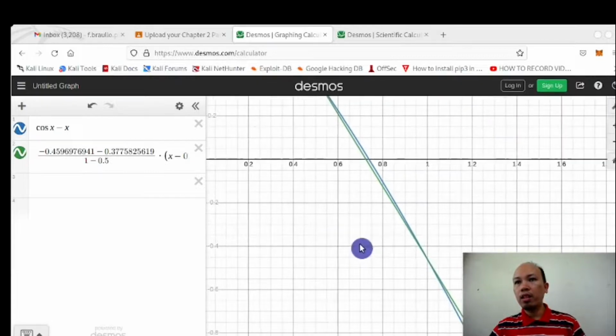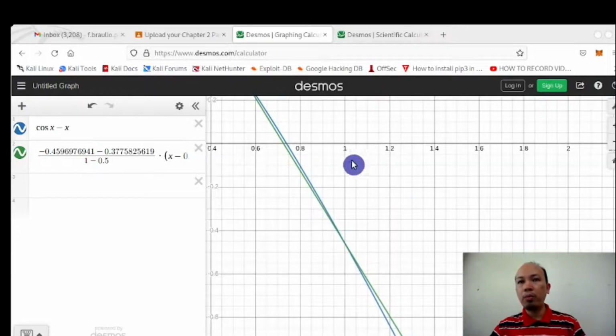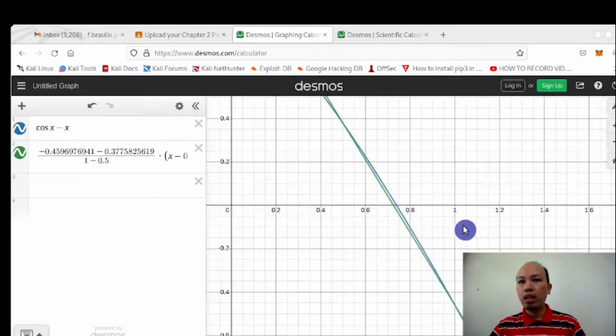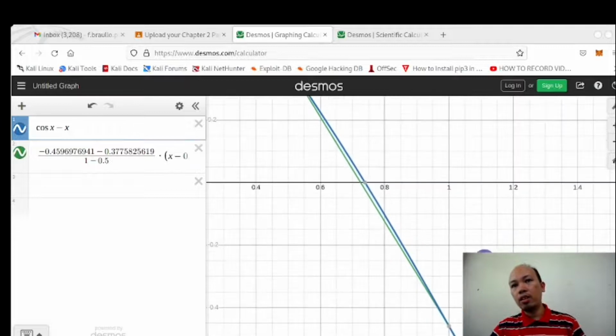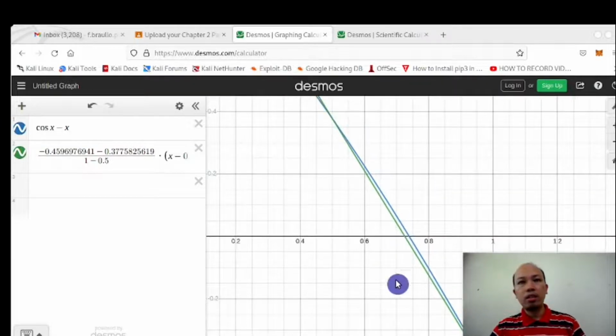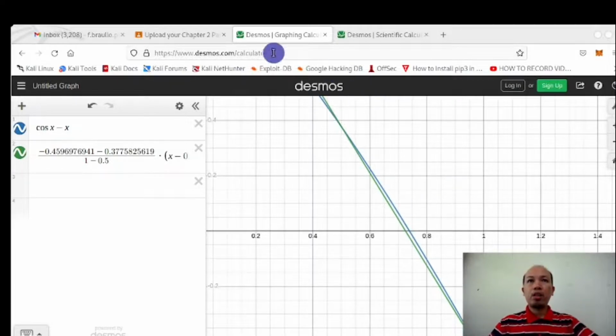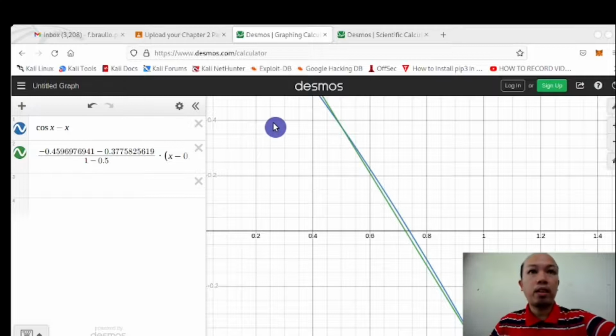Clearly, our iterates, our guess, we have 0.5 somewhere here, this point. And for 1 the point is somewhere here. So this is clearly a second line because it touches the graph, the blue one, twice. That's how to graph the second line for the initial guess p sub 0 and p sub 1.